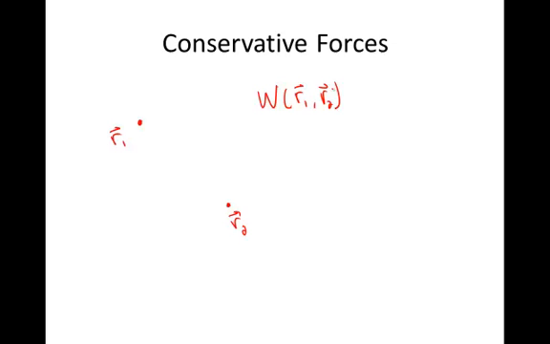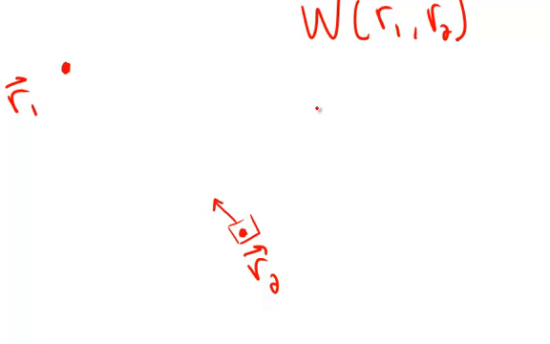As an example of a force that isn't conservative, consider the friction force. The work done by friction, let's say we've got a block that we start right here and we push it in that direction. The work done does depend on the endpoints, but it also depends on the direction. If we push this way, then the work done by friction is negative.